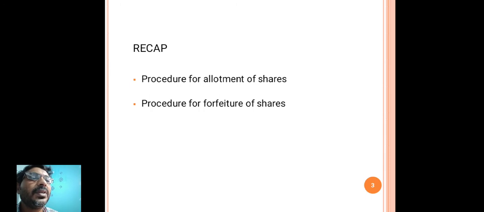Forfeiture is nothing but disappearance. The people whose shares have been allotted in the process of allotment have not paid their remaining installments on the specified dates.